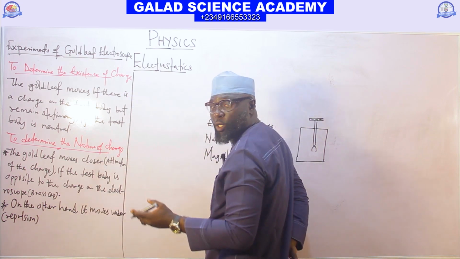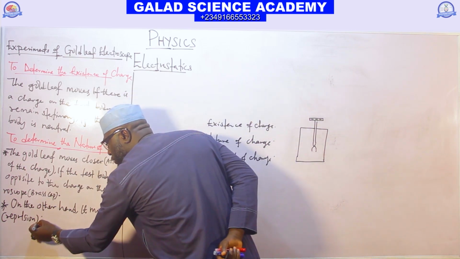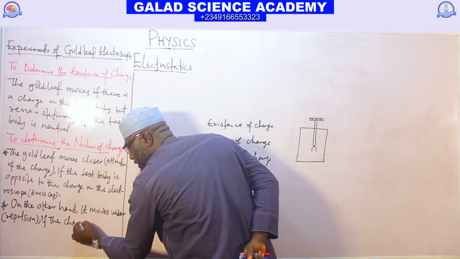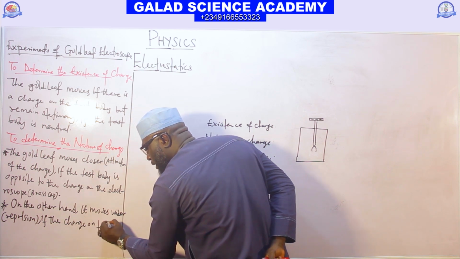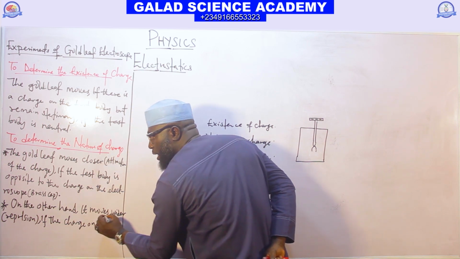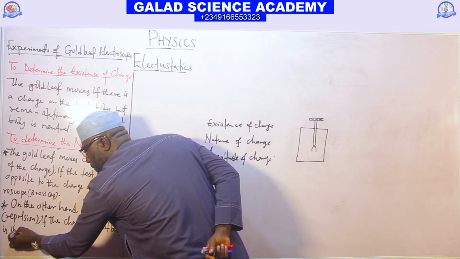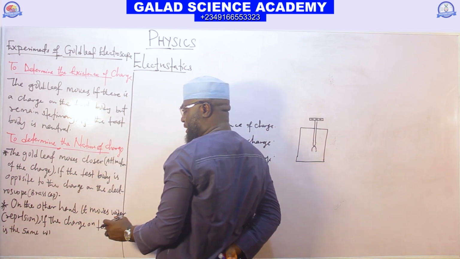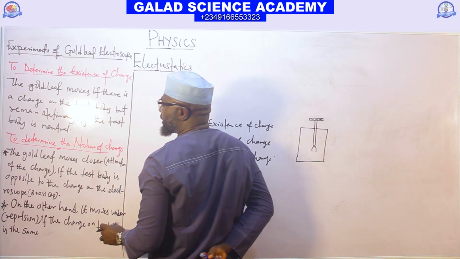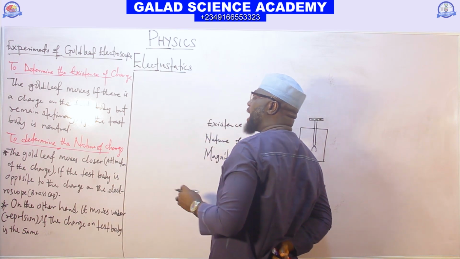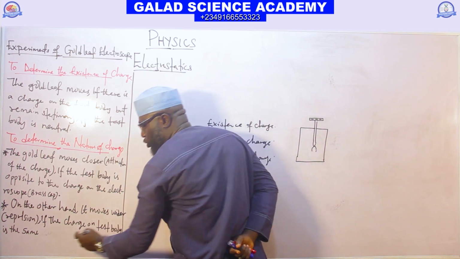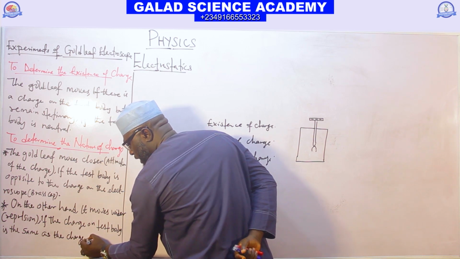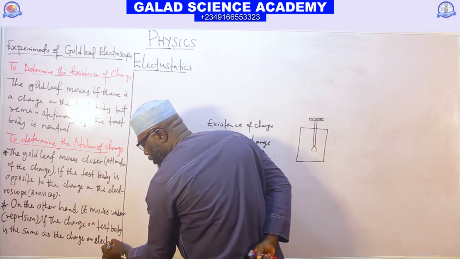It moves wider, which simply means repulsion, if the charge on the test body is the same as the charge on the electroscope.